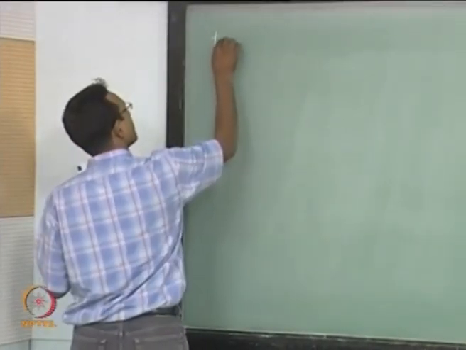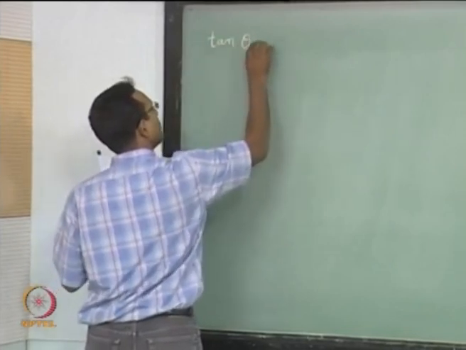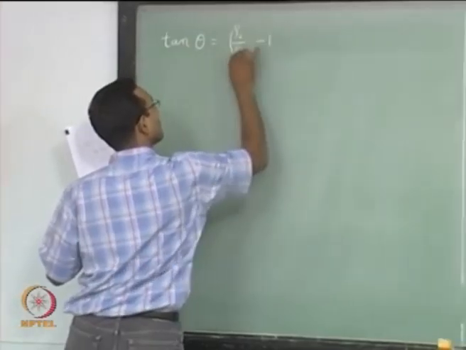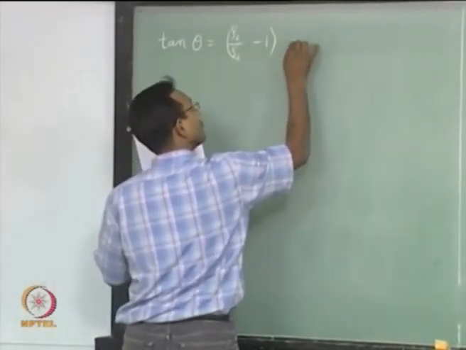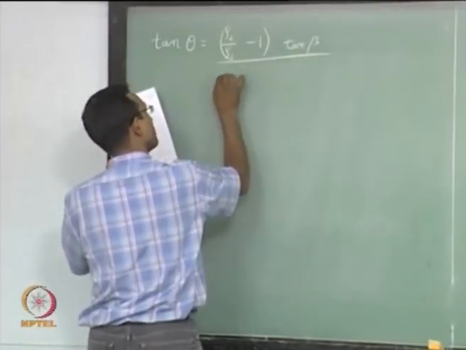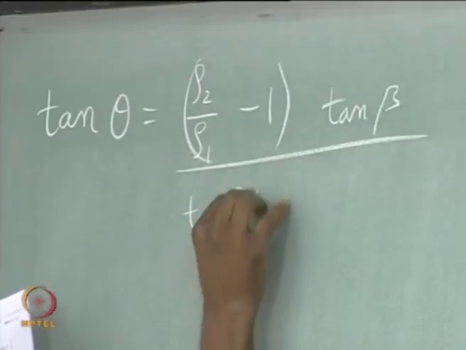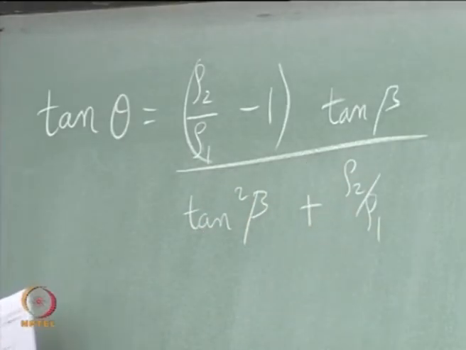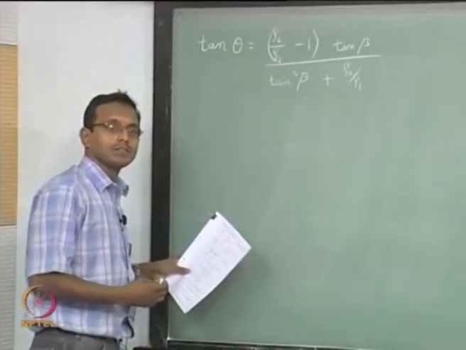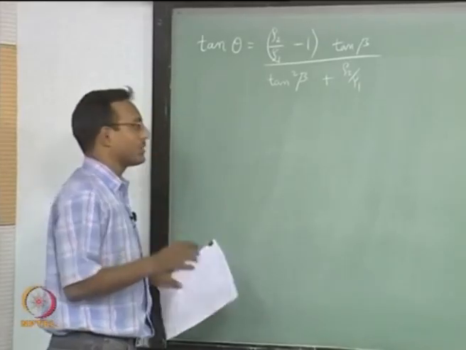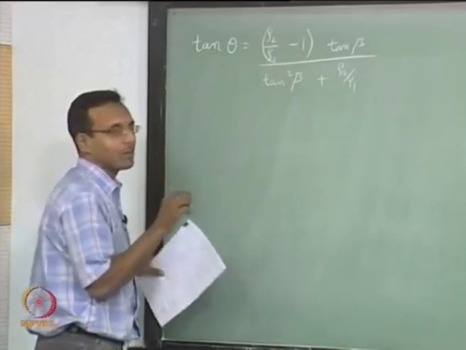So, we derived this last time. We had this, and we said rho 2 by rho 1 can be obtained from normal shock tables or normal shock relations, substituting M1 normal instead of M1.